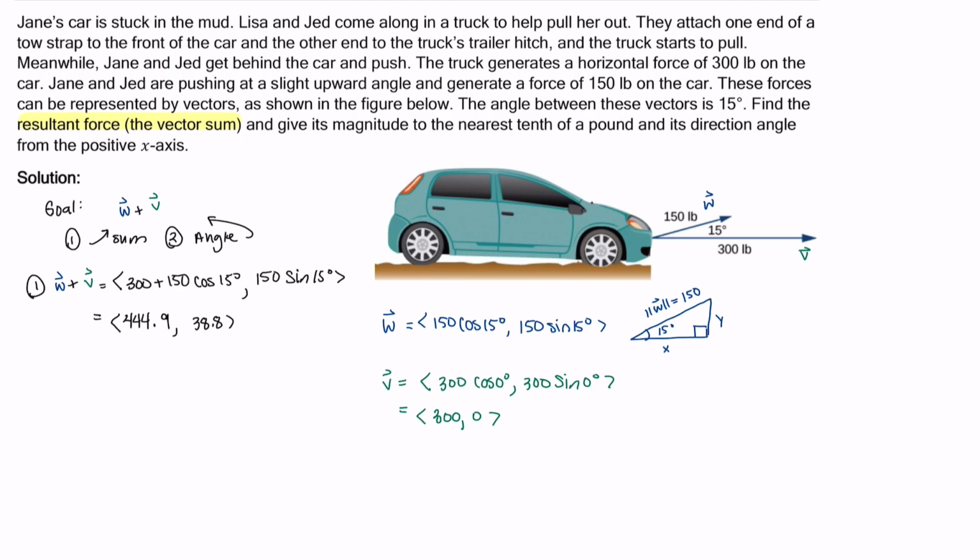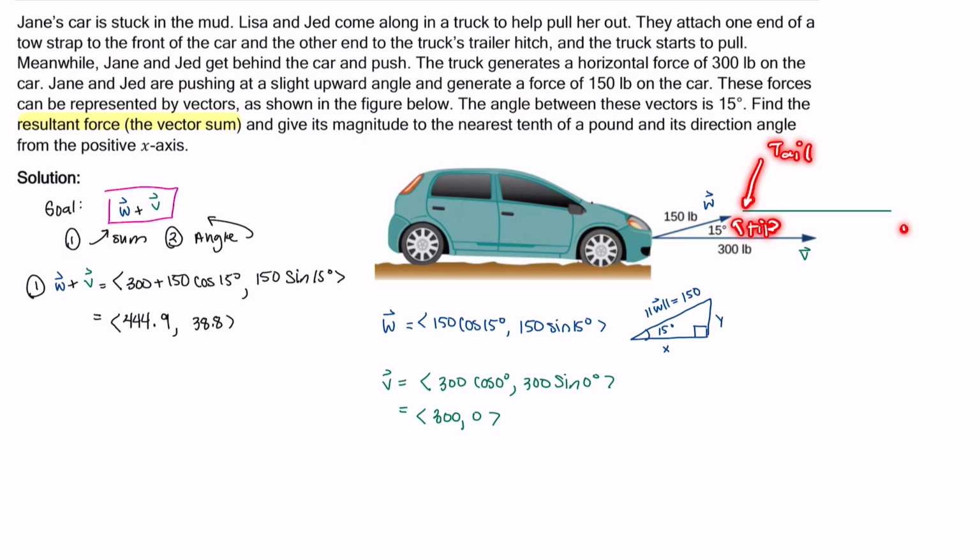Now, for goal 2, we want to find the angle made by this resultant vector. So it'll help us if we visualize this vector. Let's visualize this vector in pink. I'm going to do the typical vector addition thing, where I mark the V vector right here, and use my handy dandy technology to move the tail to the tip of this one.